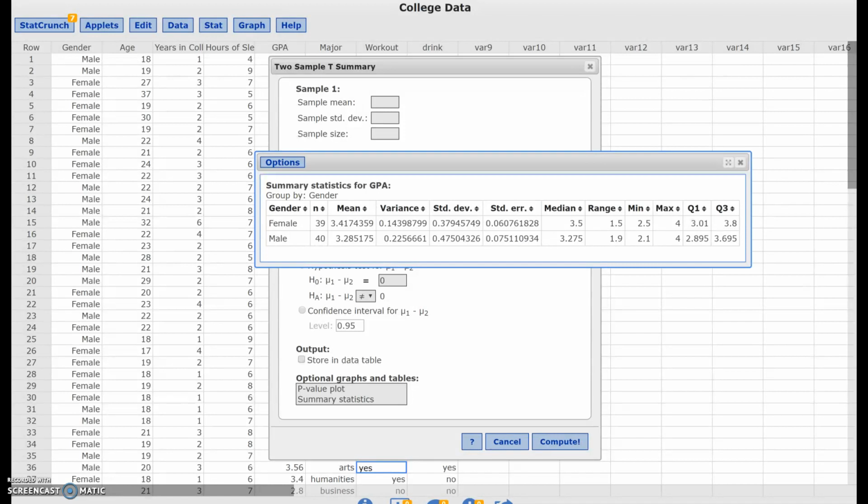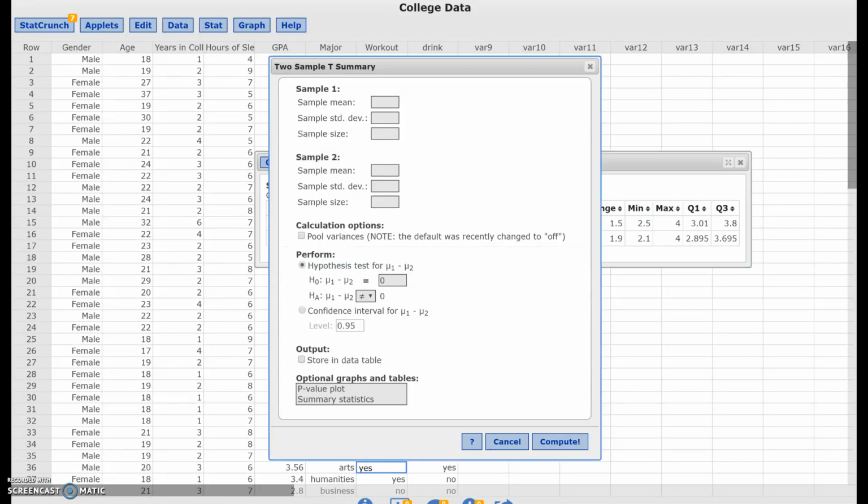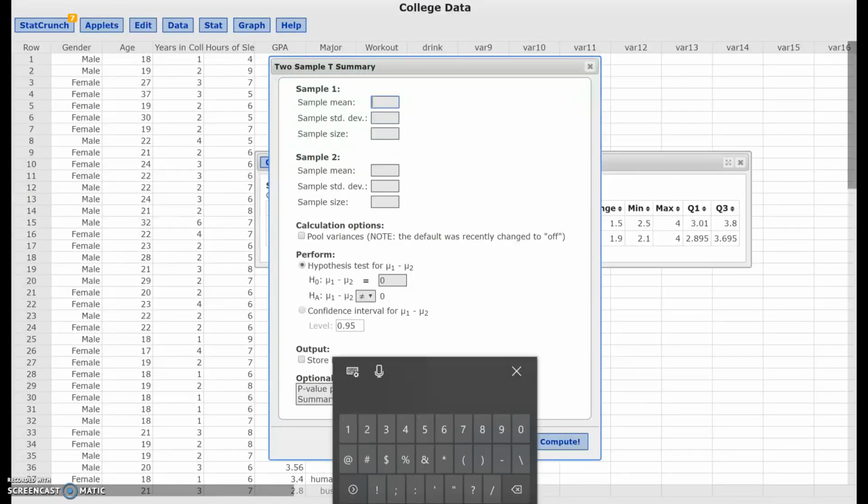So we're going to put all of that information into our test. I needed all of this information. Here's the mean, here's the standard deviation, and here's the n. For the mean, sample number 1 was our males, so the mean for this one is going to be 3.28. Our sample standard deviation is going to be approximately 0.475.